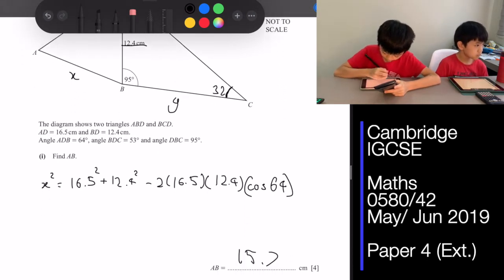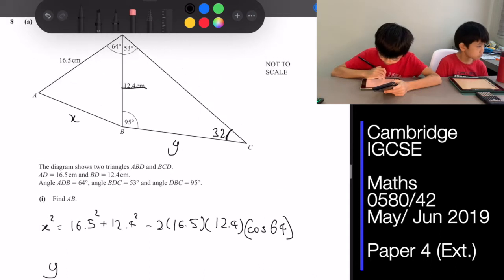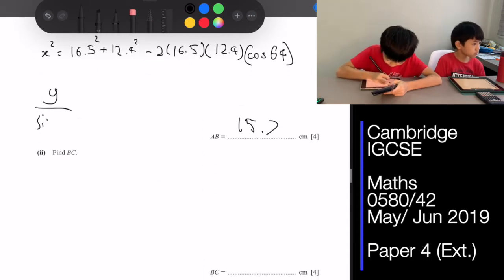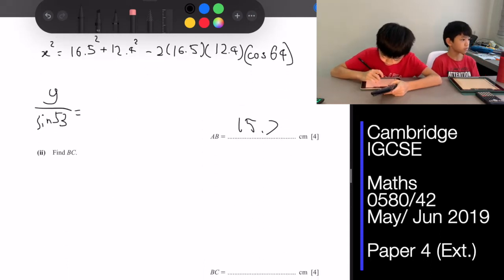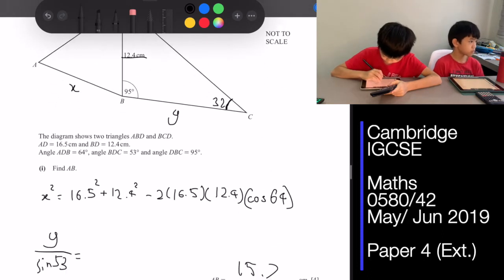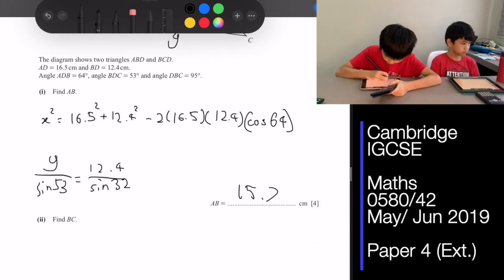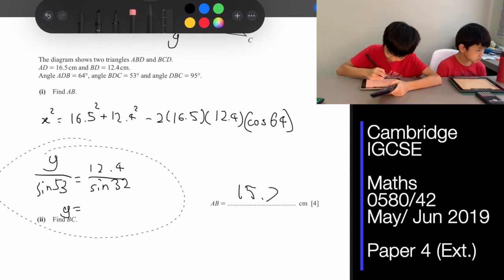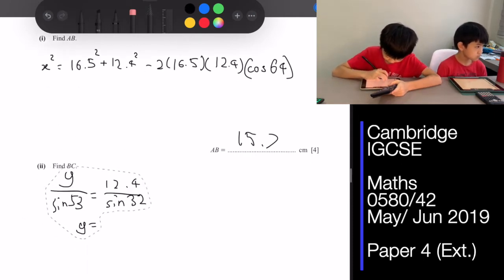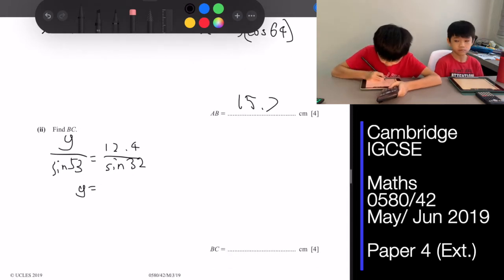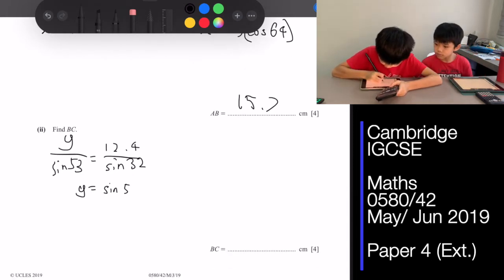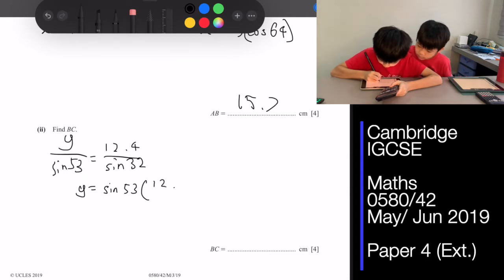Alright, so y over sine 53 equals 12.4 over sine 32. So y equals, this is the wrong side for calculating. Alright, so y equals sine 53 multiply 12.4 over sine 32.